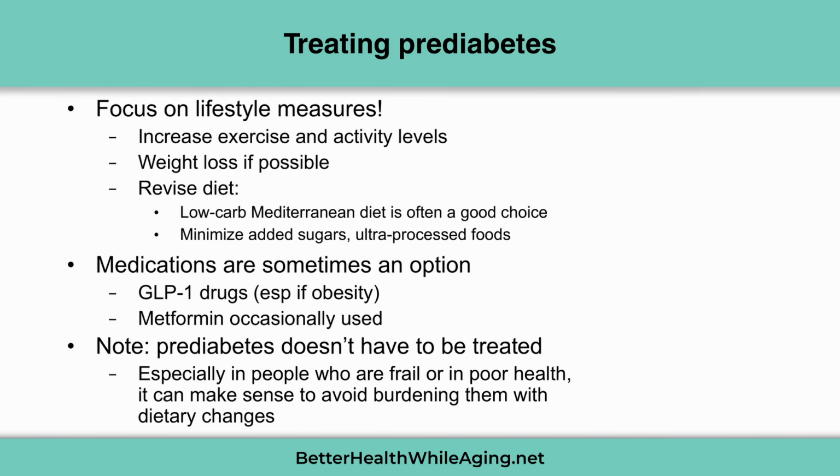So if their health is not good or they have a lot of other things going on, we might choose to focus on other ways to improve their health or to help them optimize their quality of life. So just something to keep in mind, which is that we can treat prediabetes, but in some cases, it might be reasonable to just lightly monitor it and focus our medical attention elsewhere.